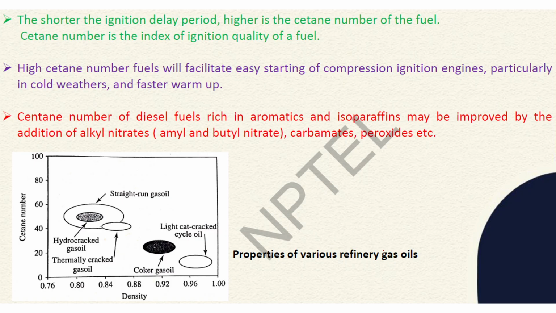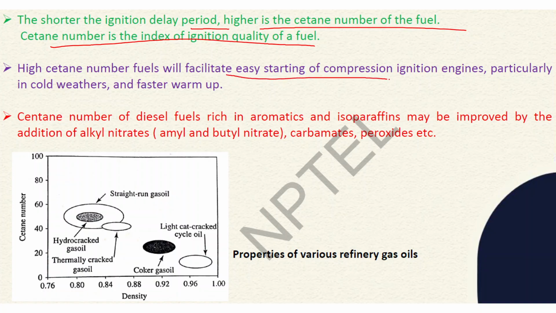Okay, the shorter the ignition delay period, the higher is the cetane number of the fuel. Cetane number is the index of ignition quality of a fuel. A high cetane number fuel will facilitate easy starting of the compression engine, particularly in cold weather. So basically, in colder weather, a high cetane number fuel is required. As I told you, the specification of gasoline and diesel varies from country to country.